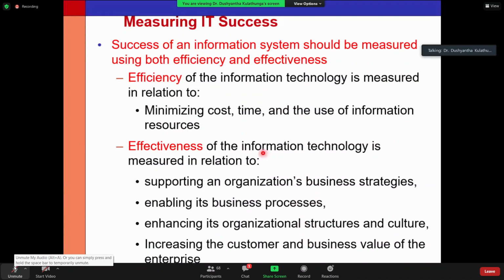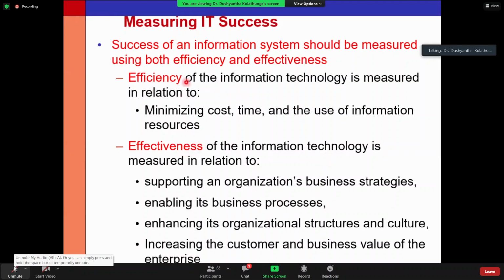If you can satisfy yourself that your IT investments or IS investments have helped or facilitated the organization to achieve or support these areas, you can determine that the particular investments are effective.